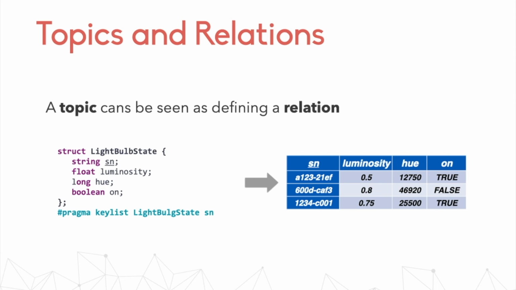Okay, so I think this is probably the best way of thinking about a DDS topic, with the difference, right, that in a typical database, as we will see, a relation identifies a table. In DDS, this table can become a cube. Why? Because we have another dimension, which is time, and we can actually, as we will see, keep track of historical events up to a certain depth, or perhaps all the values that were written for a given instance.